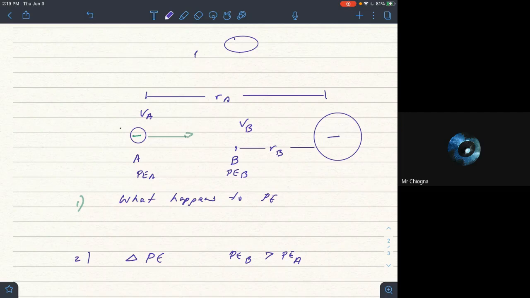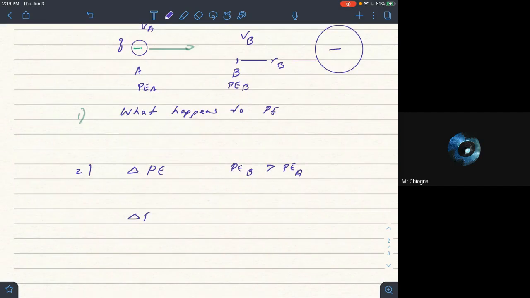You'll also need the small charge that's moving, and the big charge, which is the source. So in other words, change in potential energy is equal to QVBA. That's a short way of writing it.